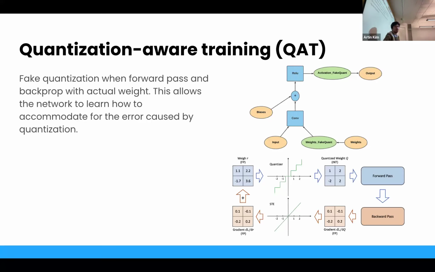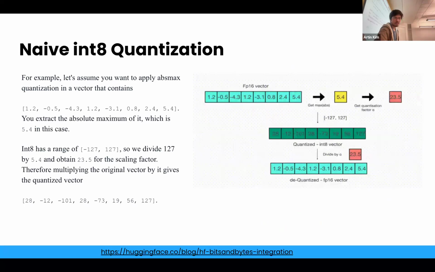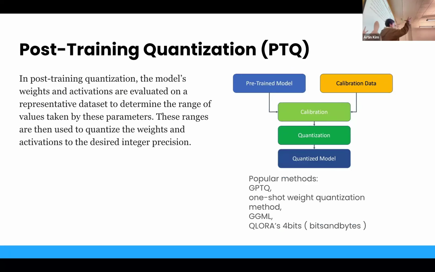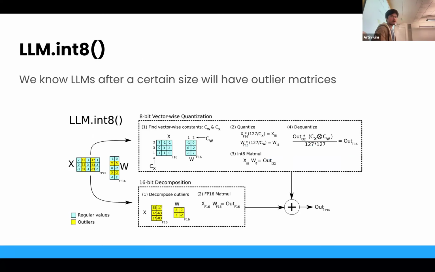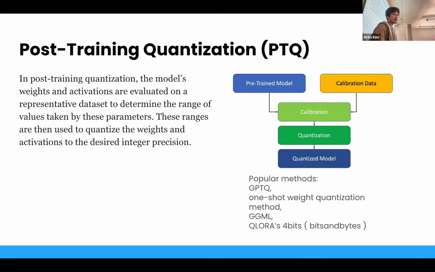So again, with post-training quantization, you're just grabbing the weights and changing them, right? LLM.int8 just looks at the weights and does quantization on them. With more advanced methods of post-training quantization, you use calibration data to figure out what the range is and do more analysis.